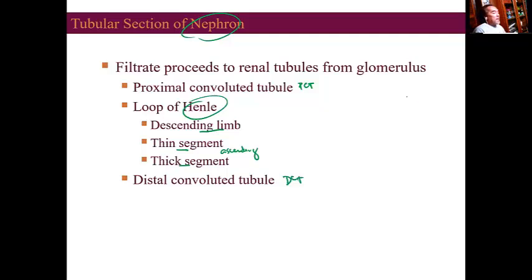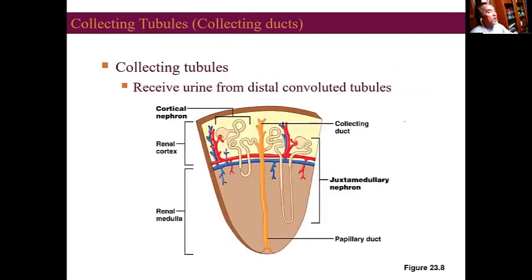Now let's take a look again at where those structures are located. The Bowman's capsule carries the microscopic drops of urine. They drain to the proximal convoluted tubule, PCT, then the loop of Henle, and then the distal convoluted tubule, DCT.